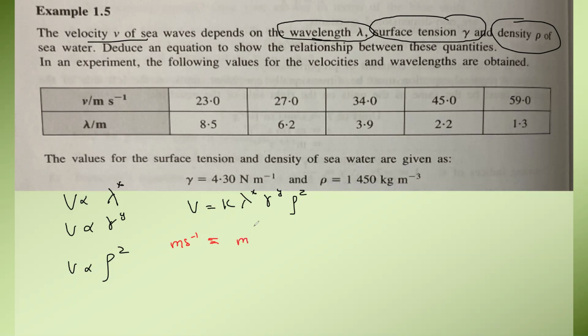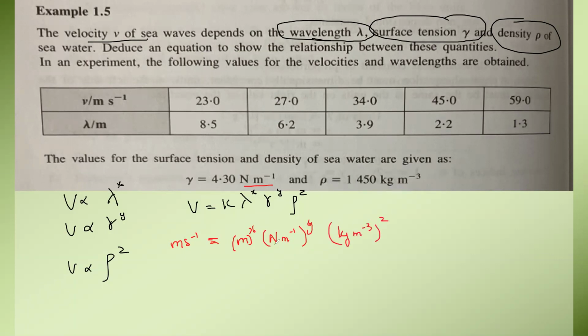So lambda is meter, raised to power x. Then gamma, the unit of gamma is Newton per meter, raised to power y, and rho is kilogram per meter cube raised to power z.